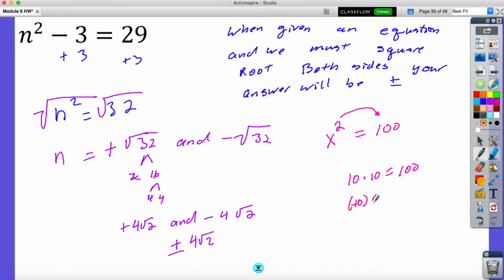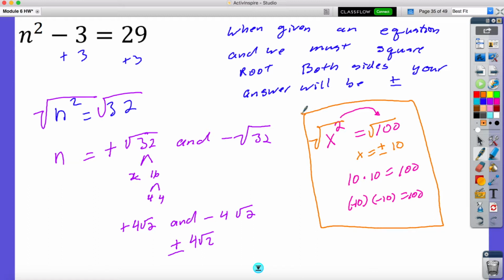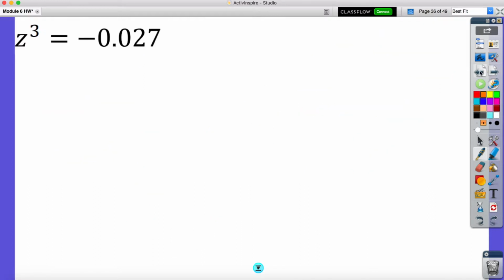And there is. Negative 10 times negative 10 is equal to 100 as well. So anytime I take the square root on both sides, I'm going to have x equals plus and minus that number. This just means positive 10 and negative 10. I just made this up off the top of my head, so hopefully it makes sense when we solve those types of problems. All right.